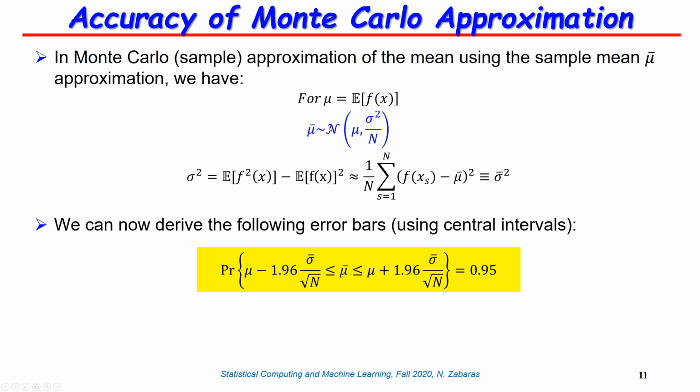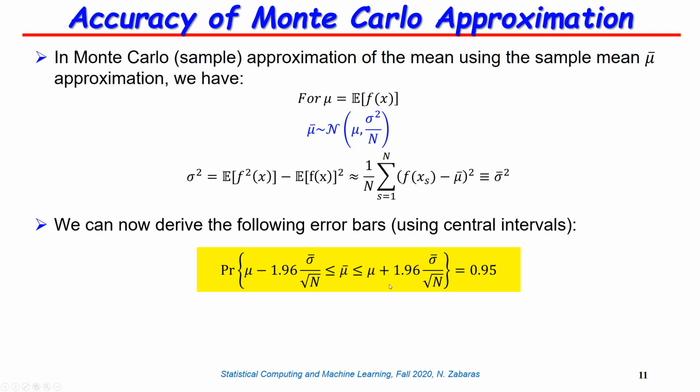So you remember, if mu bar follows a Gaussian distribution, I can define the 95% central interval, and I remind you of the formula that you see on the bottom. If I am plus minus 2 times the standard deviation away from the true mean, that interval gives me 0.95. So this is the variable I'm interested in, and you can see the interval between mu minus 1.96 sigma and the interval between mu plus 1.96 sigma.